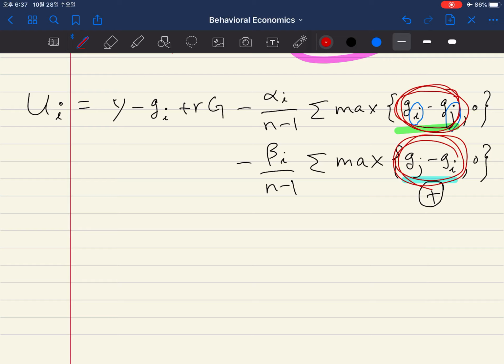So if someone spends more for public good, then he's likely to feel envy because higher expenditure for public good is gonna reduce his material payoff. And if someone spends less for public good, then this individual is likely to feel compassion for others because his payoff is gonna be high.